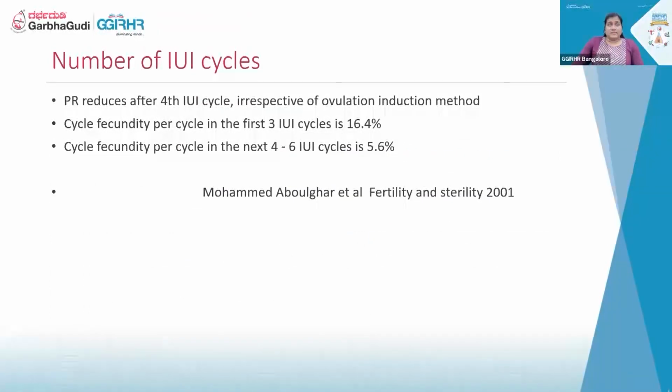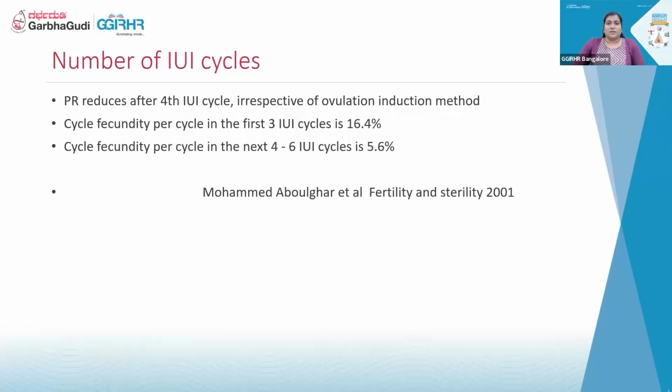Number of IUI cycles. This is one more common question asked by patients and practicing clinicians also. Where to stop? If we don't know where to stop, you cannot subject the patient to 4, 5 cycles of IUI, 6, 7. We have had patients who underwent 9 cycles of IUI also. So pregnancy rates reduce after the 4th cycle of IUI.